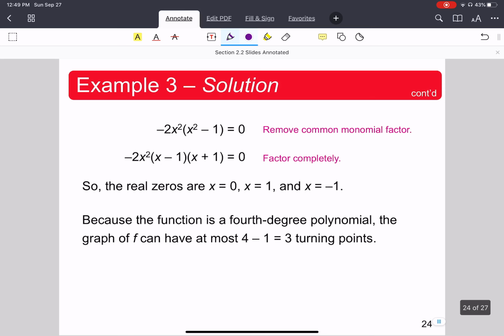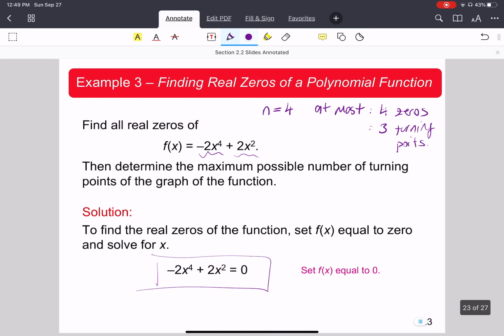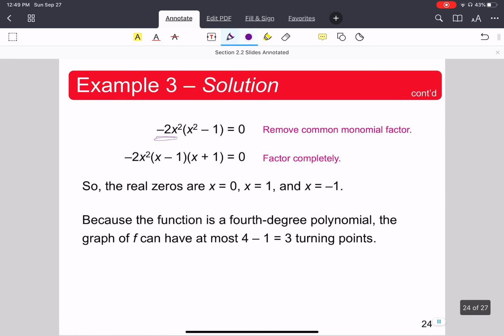Here we factor out the negative 2x squared, because this term has 2x squared and this one is already 2x squared. That's why we factor that out. We can factor out the negative, it doesn't matter. We could have kept it as a positive.